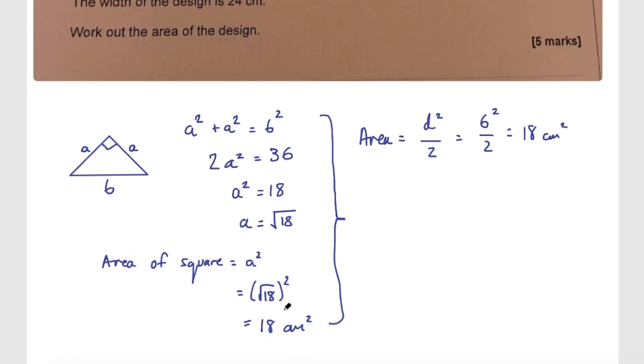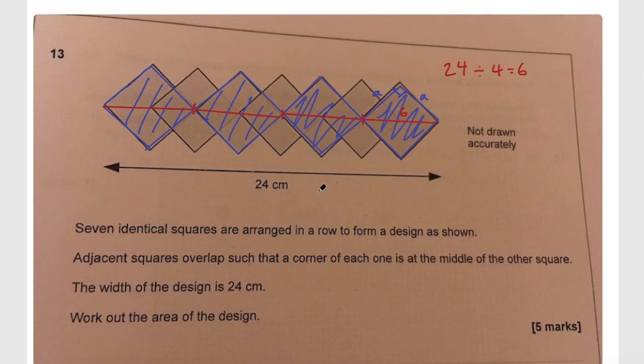Okay, so I know the area of one square, and in this diagram I've broken it up into 4 squares touching each other at the corners. So I know I need the area of 4 squares, and then in here I've got some little squares in the background.